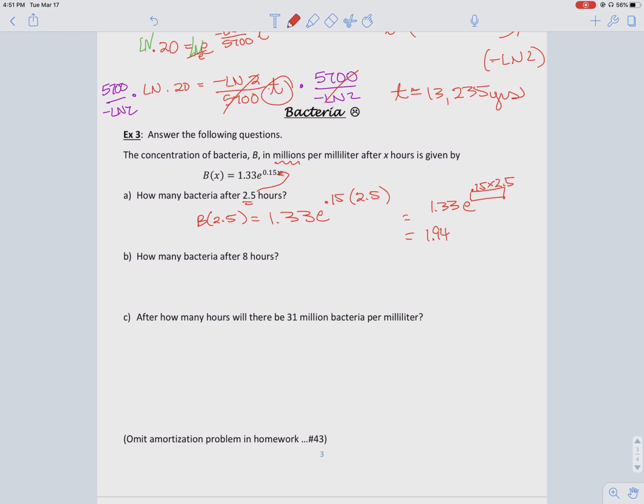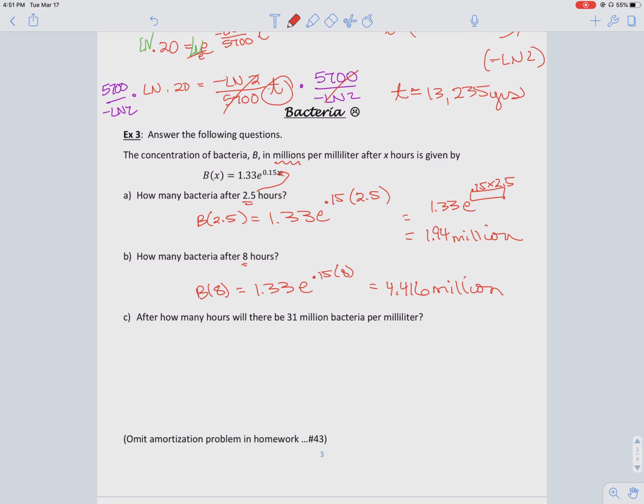Notice this is in millions, so you're going to put million. All right. If they want to know after 8 hours, you're going to do the exact same thing, except you're going to put 8 in there. Plug that in your calculator, and you'll get 4.416 million.